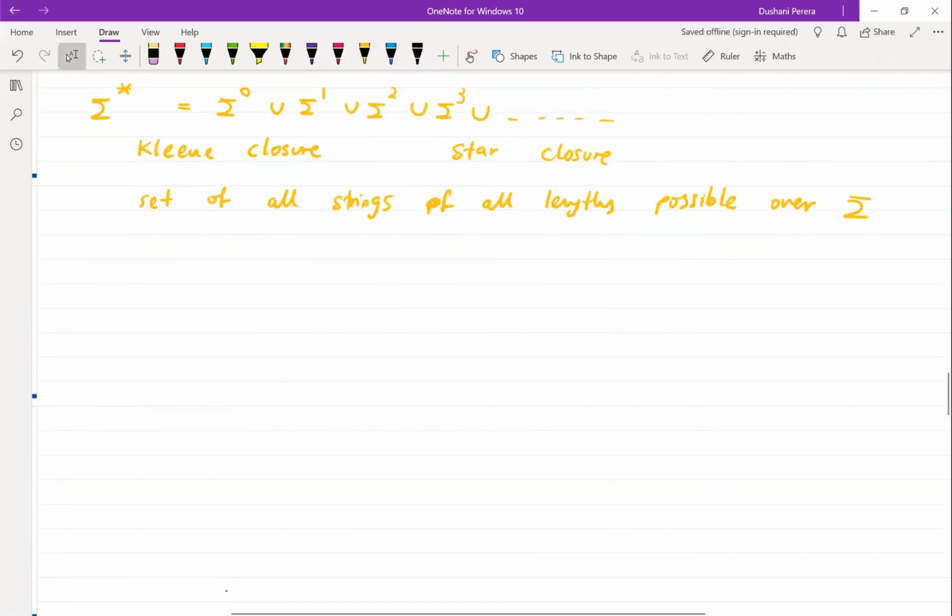This is like the universal set. So it kind of works like the universal set. Is that clear? I hope that's clear.